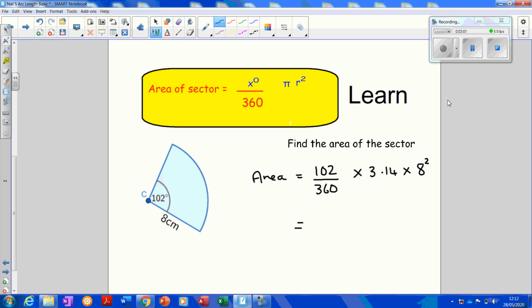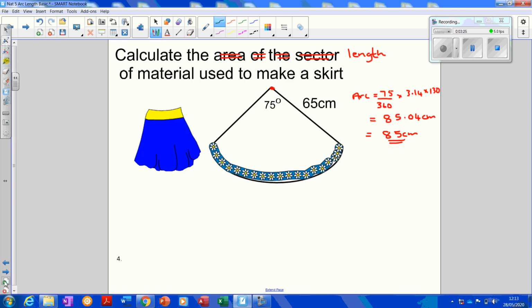Okay, pause, put it all into your calculator. Okay, if you've used 3.14, you should get 56.938, and there's a 6 with a wee dot above it. That just means 6s that go on. So if we want to round that to, say, 1 decimal place, it'd be 56.9, and again, area is measured in centimetres squared.